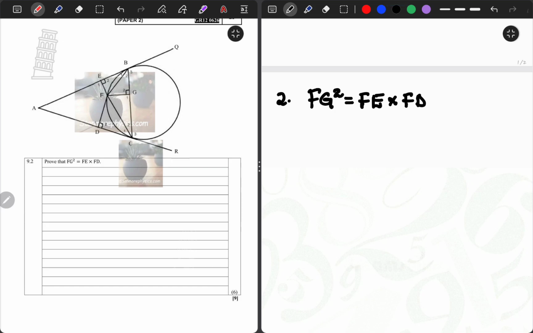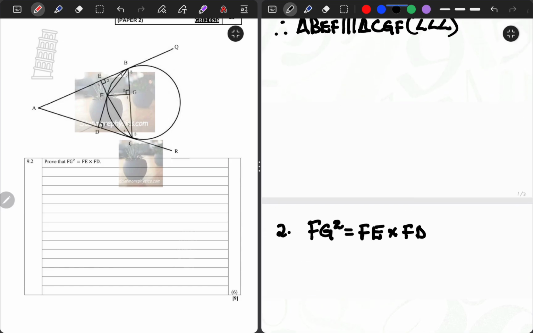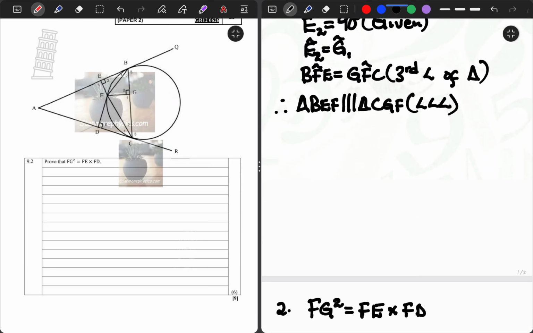So my advice is that we need to firstly derive our proportion from what we have here. Okay, let's do so now.